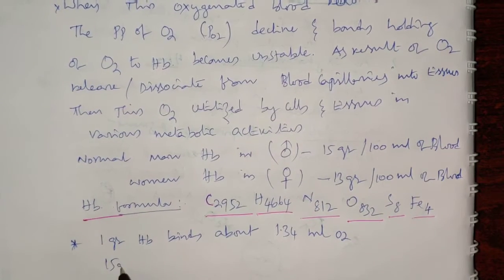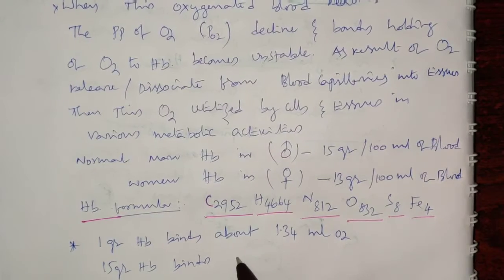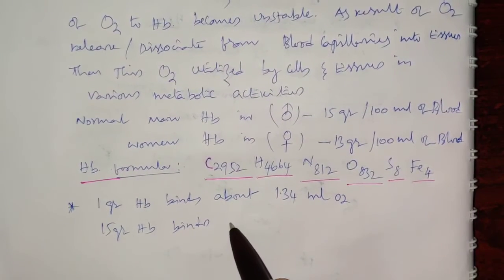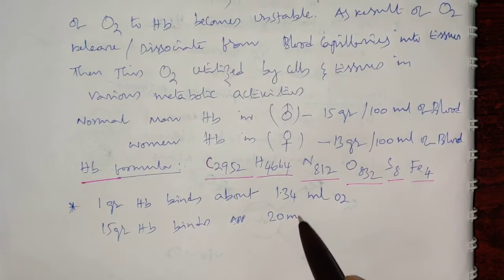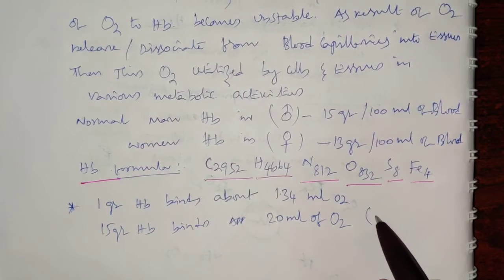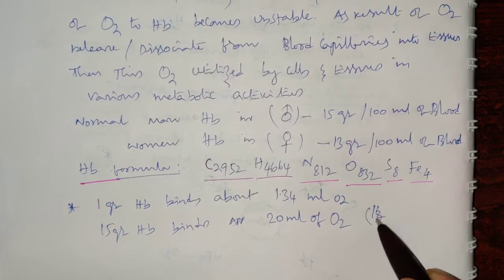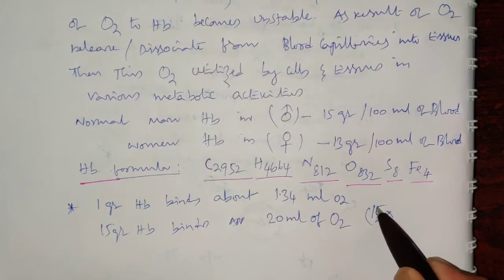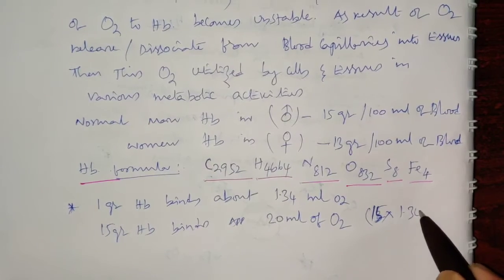Therefore 15 grams of hemoglobin binds approximately 20 ml of oxygen. That means 15 into 1.34 ml.